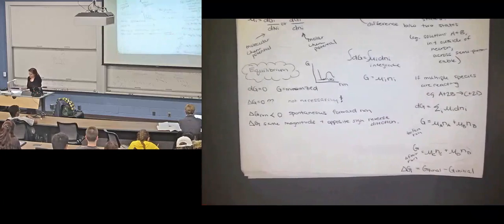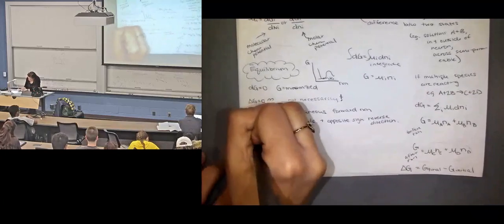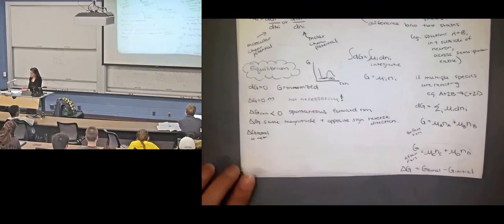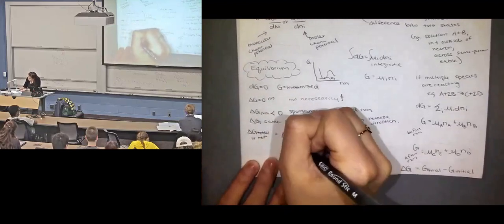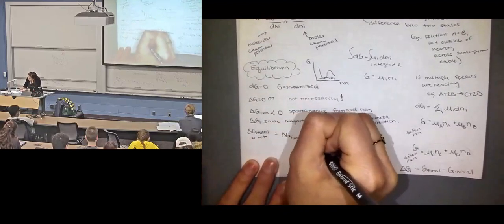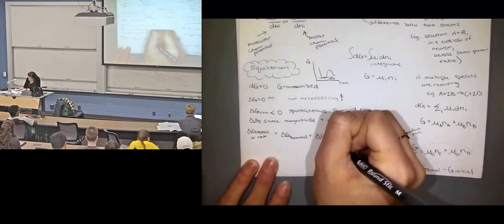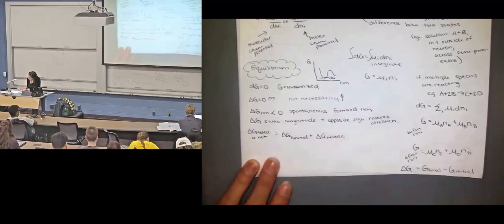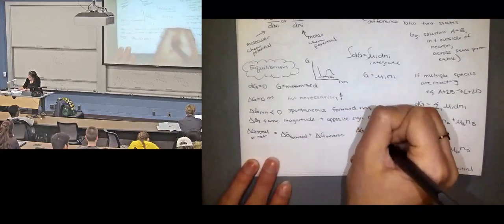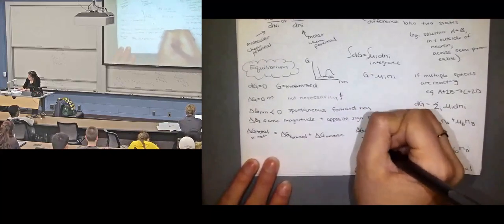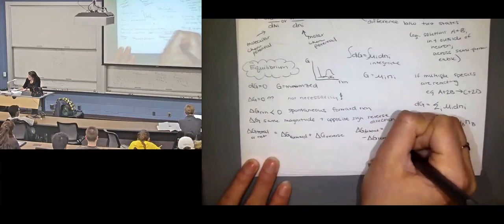And so your delta G total or net is equal to the free energy change for your forward reaction plus the free energy change for your reverse reaction, where these two things, delta G forward, is equal to negative delta G reverse.